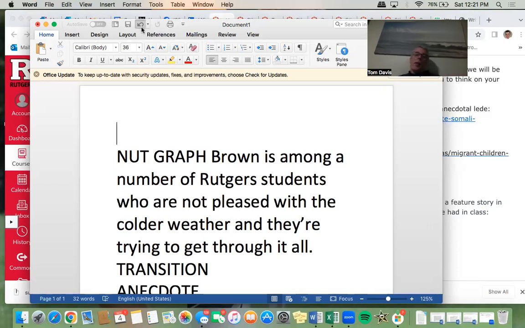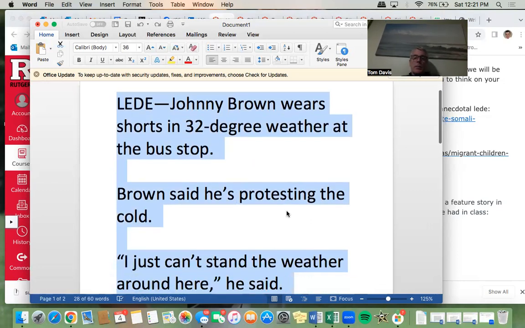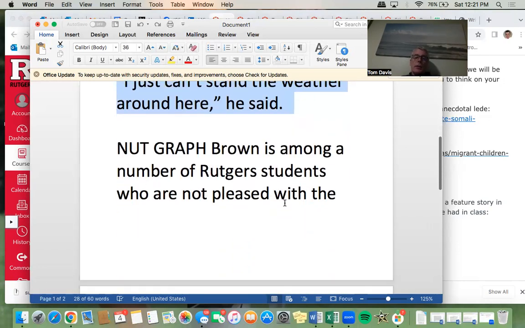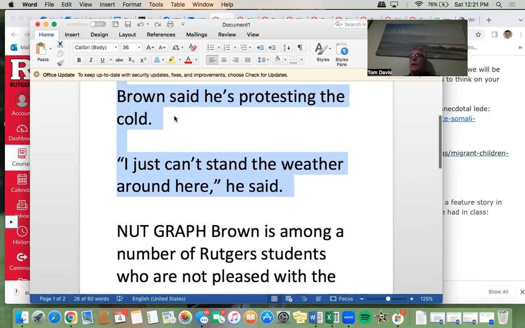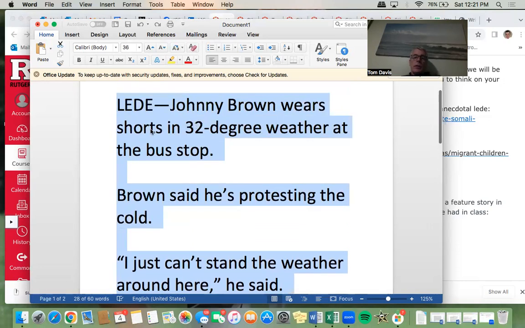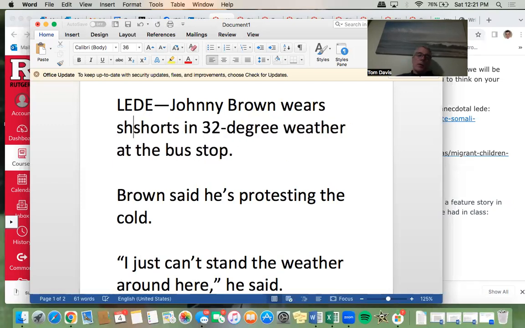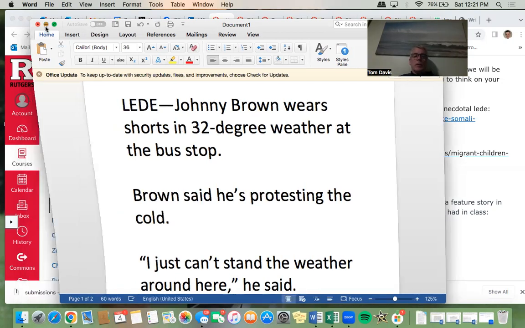Johnny Brown wears shorts in 30-degree weather, said he's protesting the cold, and so on, and then you head into the story. One of the descriptive things you could add is what people are wearing. Maybe he's wearing short shorts, 80s style, that makes other people look at him like, what the hell are you doing?